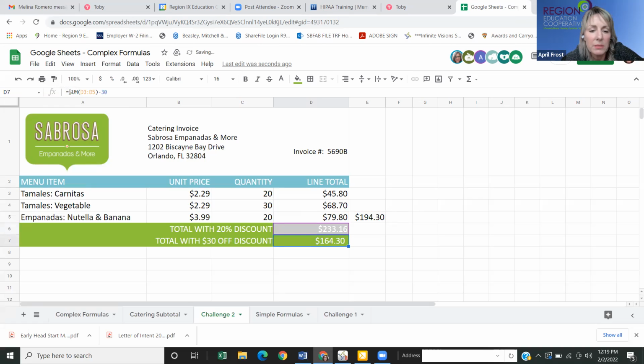Okay, there's your parentheses. Go back up again. So we did equals... Oh, I didn't. Okay, subtract. Never mind. Okay, try this. This should be minus.